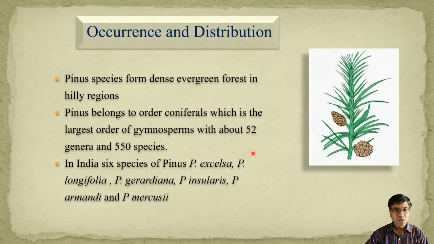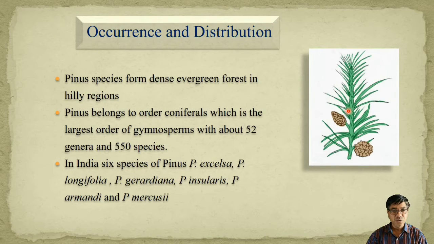Now start with the first topic, that is occurrence and distribution. It is a tall tree and an evergreen forest plant in hilly regions. The genus Pinus has 90 to 100 species in the world, widely distributed in the northern hemisphere.